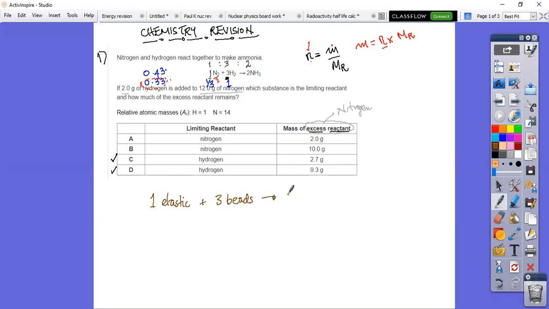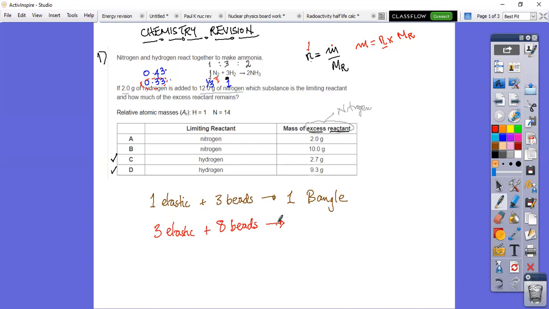And this gives you one bangle. Now we say that we have, just to make it interesting, 8 beads and 3 elastic bands.